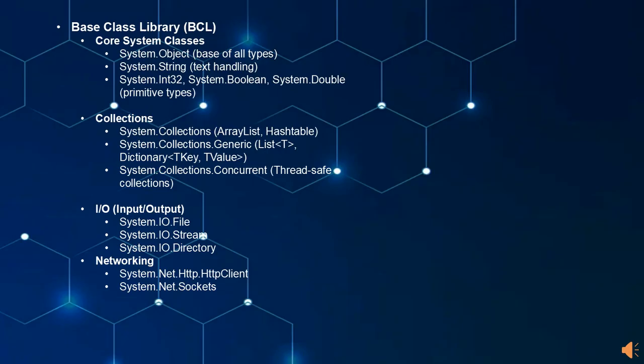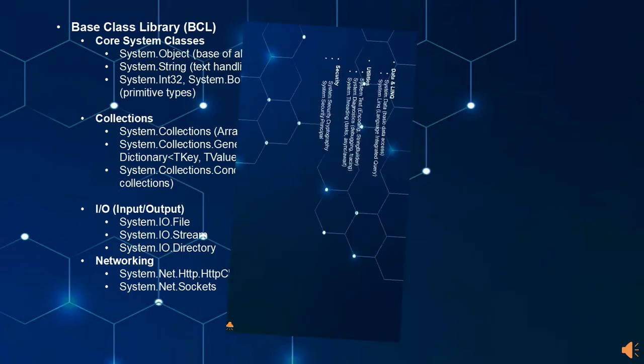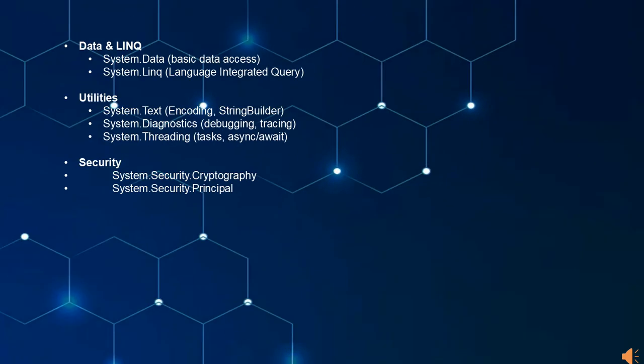Then we have IO, input/output, like System.IO.File, System.IO.Stream, System.IO.Directory. Then we have networking, like System.Net.Http.HttpClient, System.Net.Sockets. Then we have data and LINQ like System.Data, basic data access, System.Linq, language integrated query.